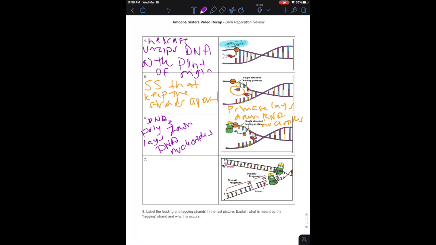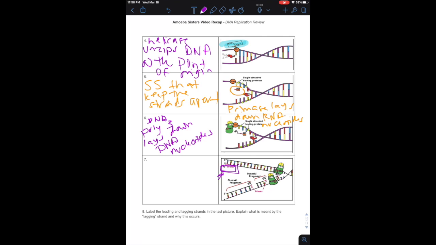So this picture doesn't do a great job at showing, because here it's showing you that primase, RNA polymerase, actually put down a nucleotide primer. Here it's just showing a little flag. Obviously it's a cartoon, but DNA polymerase will be able to build DNA nucleotides off of the RNA nucleotides that primase laid down for it.